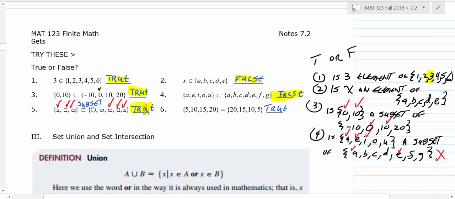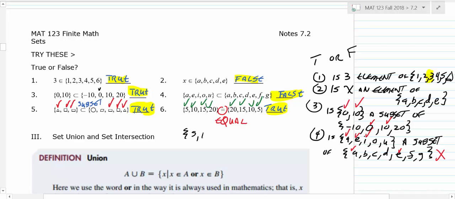It's a subset. Now, the next one is equal. Equal sets have to be exactly the same, except it doesn't matter what order they're in. So the 5 has to be in there somewhere, the 10 has to be in there somewhere, the 15 does, and so is the 20. That's why it's true. This would also be a subset.